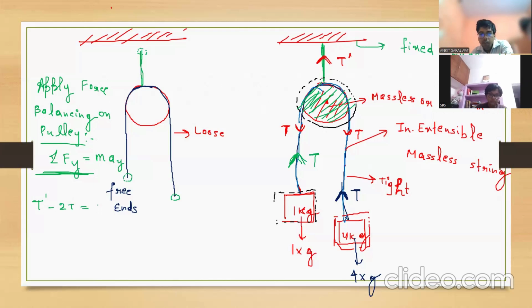Even if the mass of the pulley is negligible, its acceleration is 0, so this is 0. This pulley is fixed and not moving. Okay. Then T dash will be equal to what? 2T. Clear? The pulley is fixed, so the acceleration of the pulley is 0.